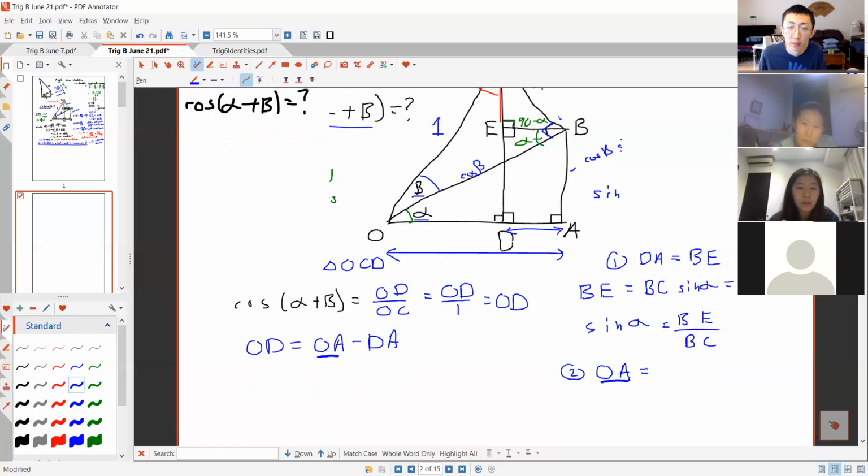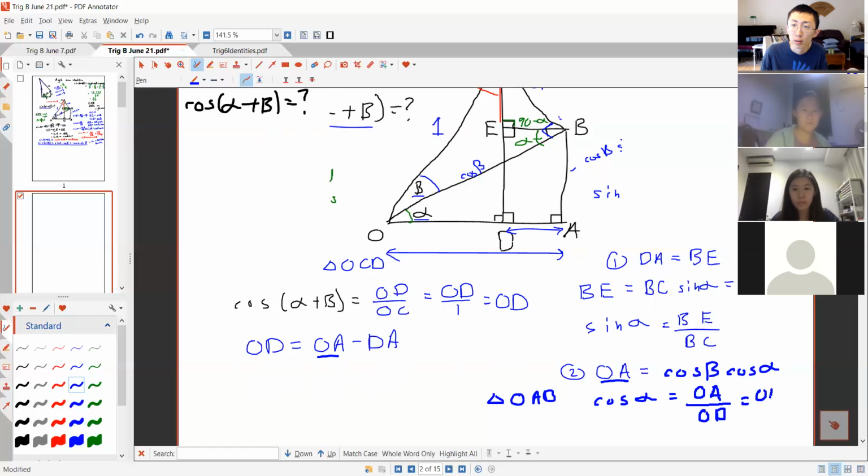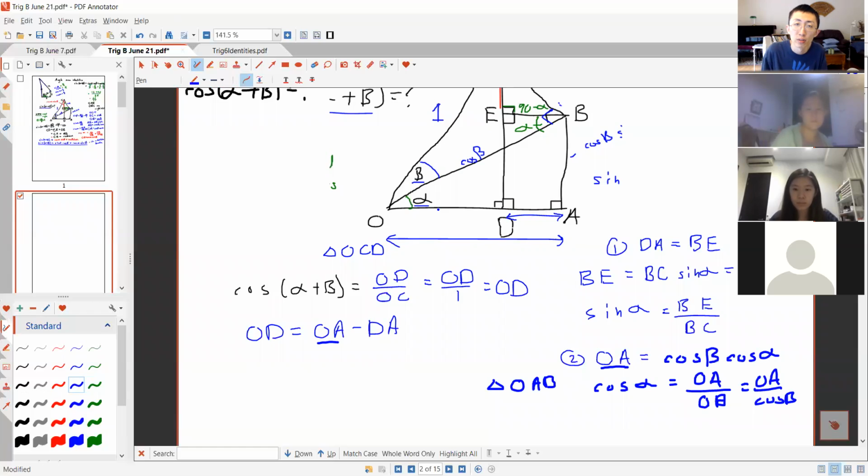This angle is cos alpha times cos beta. Yeah, so we can look at triangle OAB. And then the hypotenuse length is cosine beta. And we multiply it by cosine of alpha, because cos alpha equals OA divided by OB. Okay. So that's using this little angle here and OAB.